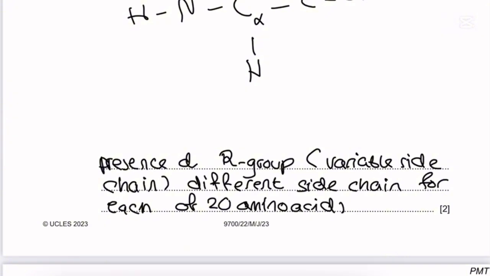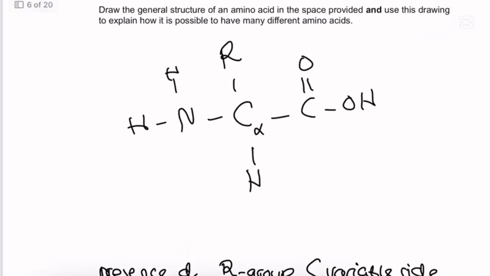So for example, glycine has a hydrogen, methionine has a carbon chain with a sulfur. For example, cysteine has an SH, a sulfhydryl group, a thiol group. So yeah, we have different groups, and so each amino acid has a different R group.